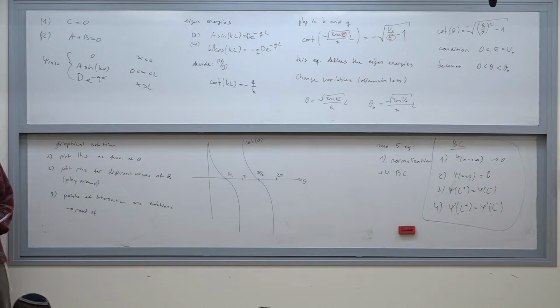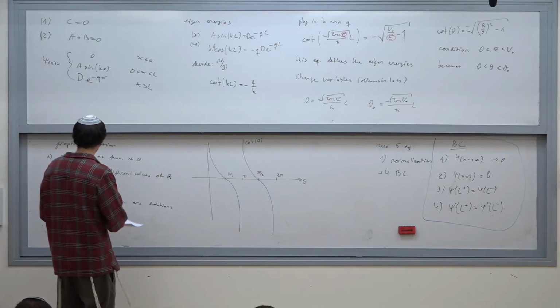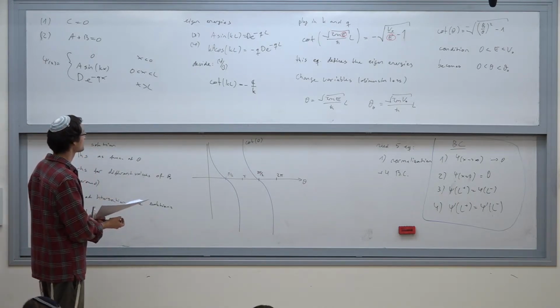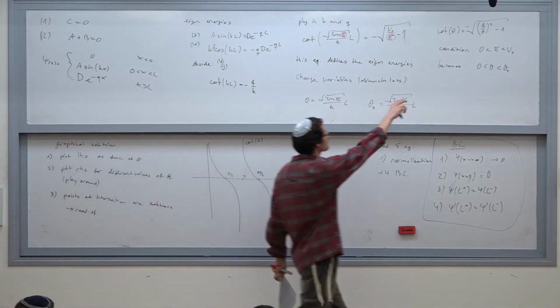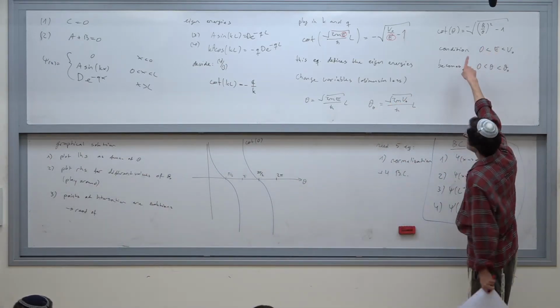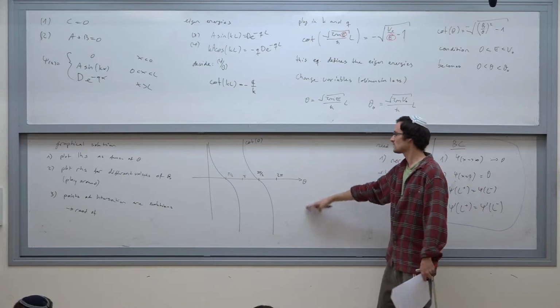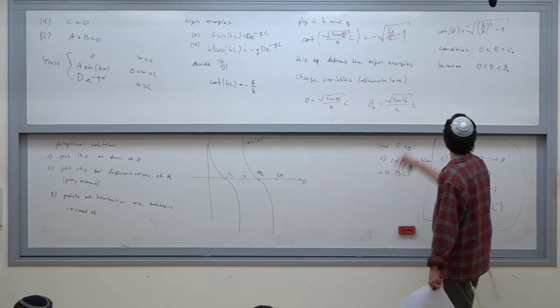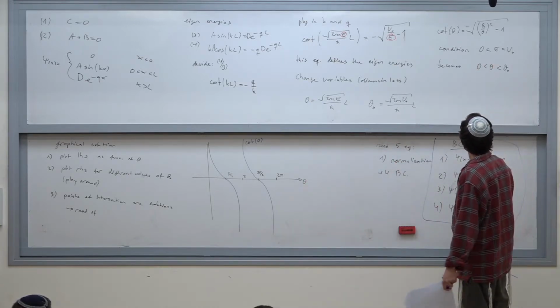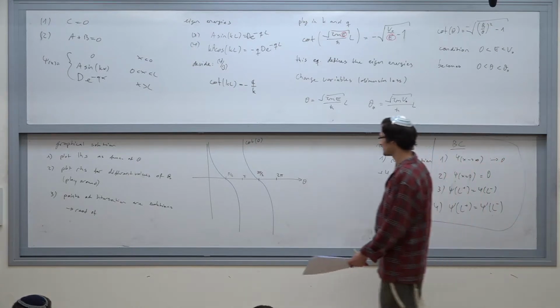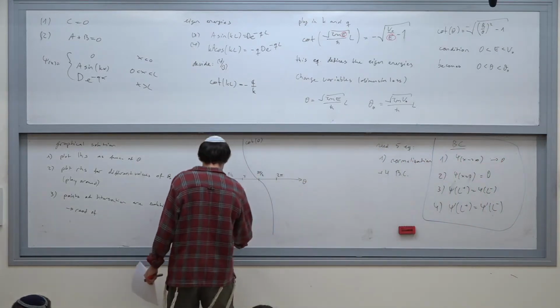Now we can plot the right-hand side. So that's this weird-looking function. See, it's negative, so it'll always be below the theta axis. It's a negative number always. So it looks something like this.